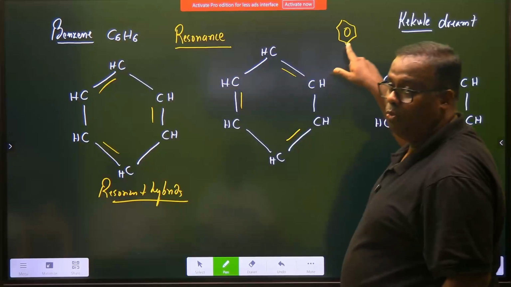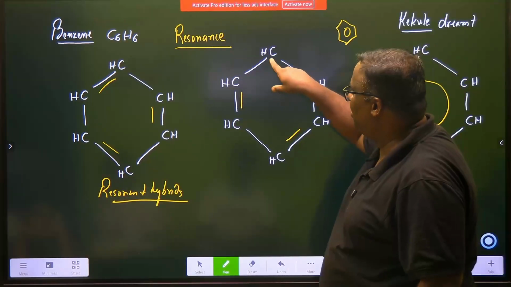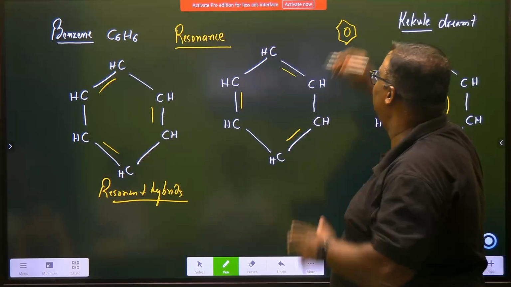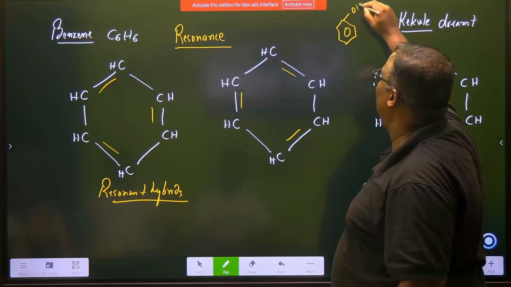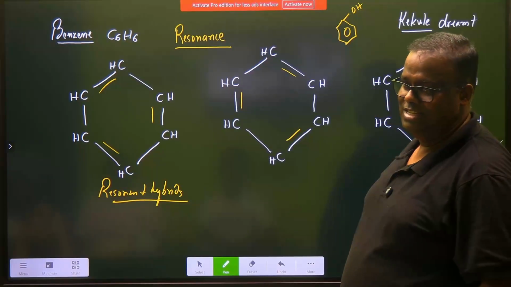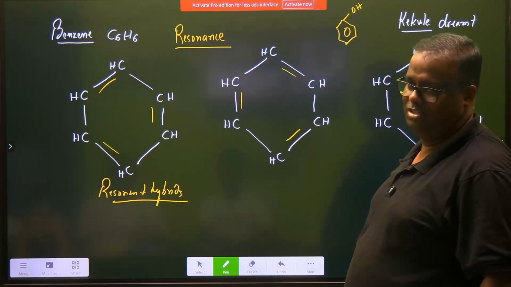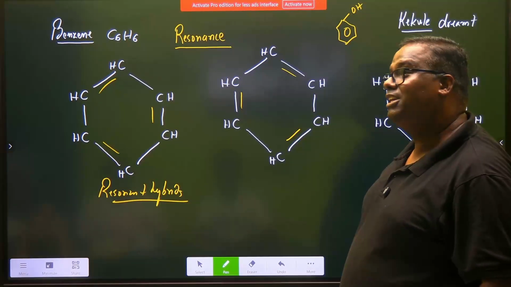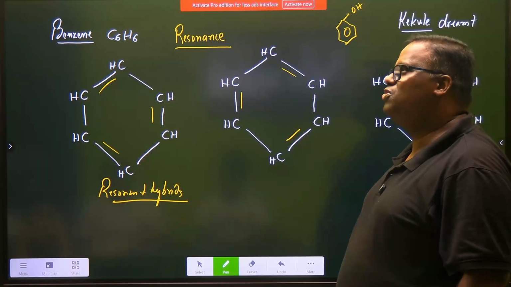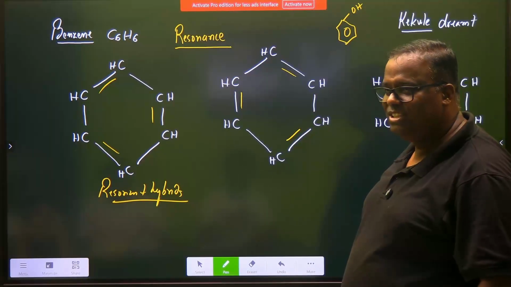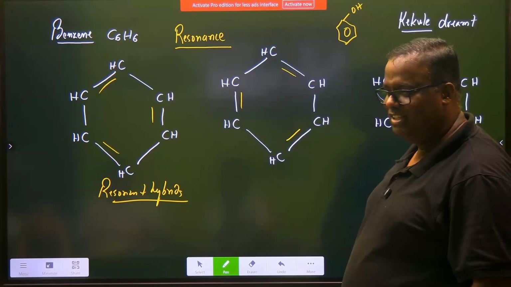Phenol. What is phenol? Phenol is, take out one hydrogen and bring an OH group out here. This is called phenol. आप पढ़ते थे ना, coal tar is used to manufacture toluene. Remember?